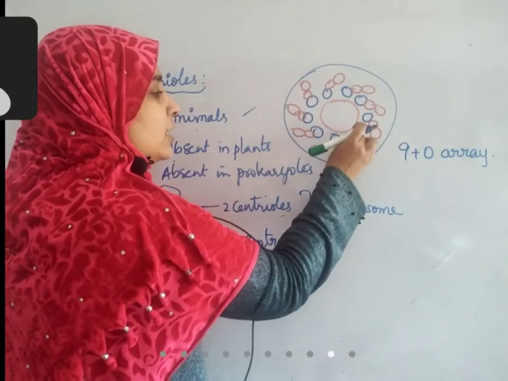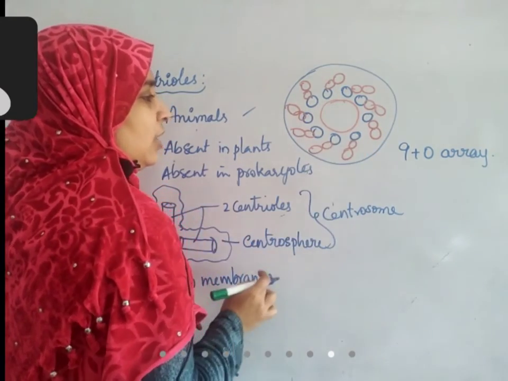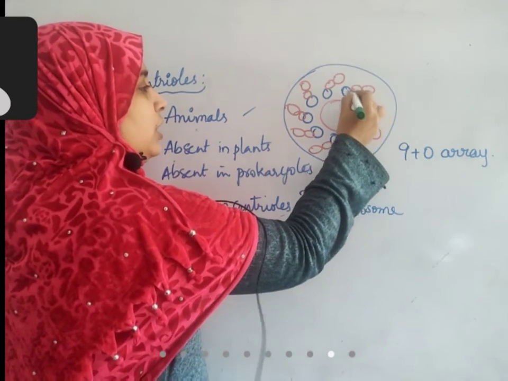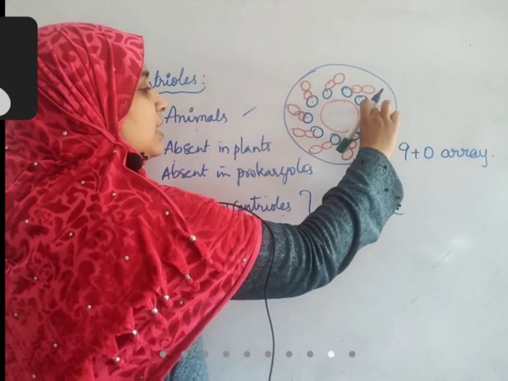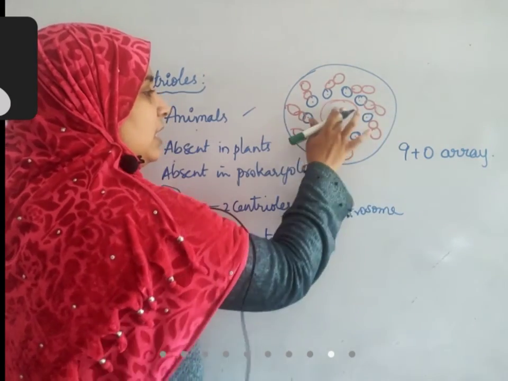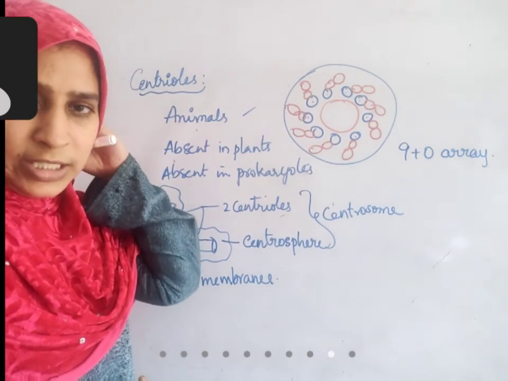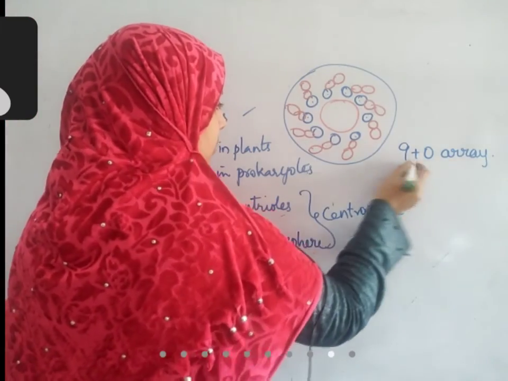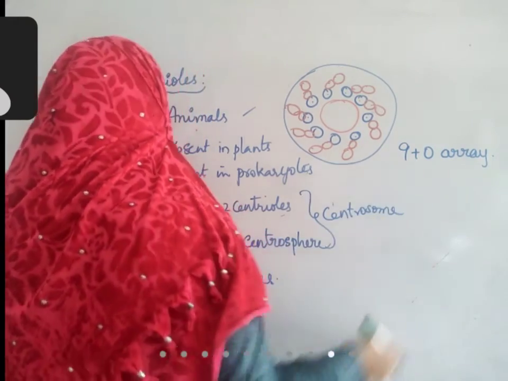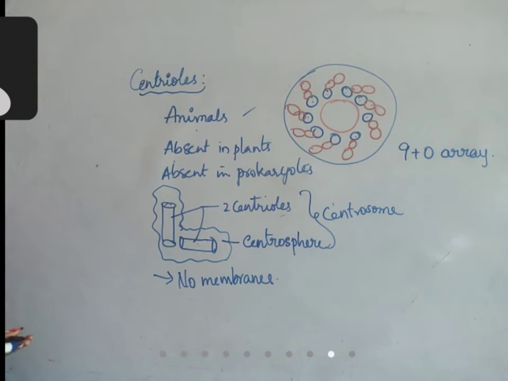In centrioles, 9 sets of 3 are there. In center there is nothing. If you take flagella, it is 9+2 arrangement. So it's different. That is about the structure of centrioles.